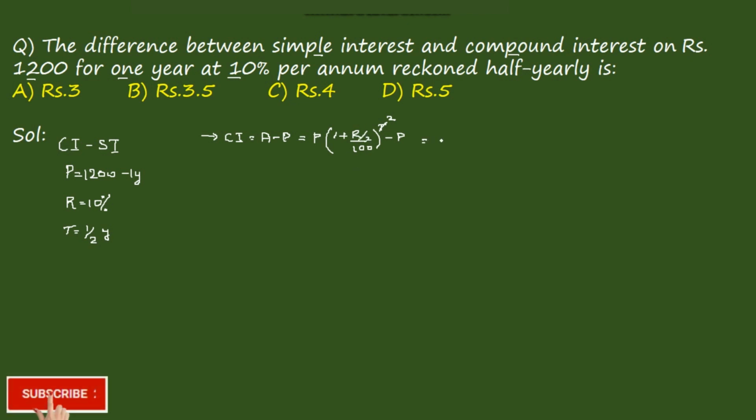So just solve it. We substitute the values: 1200 into (1 plus 10 by 200) whole square minus 1200, right?